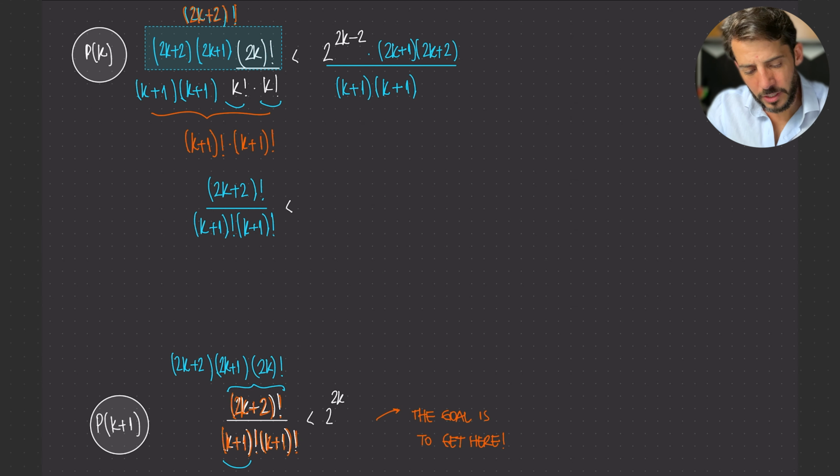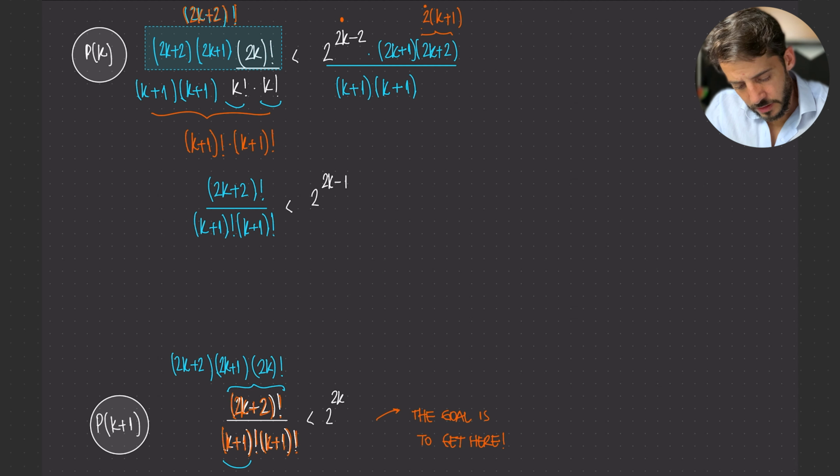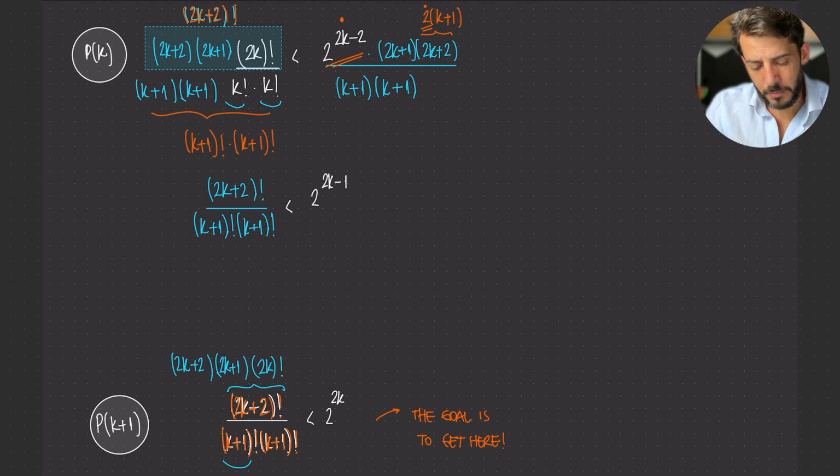Now, another thing that you might notice is that you can rewrite this 2k+2 as 2 times (k+1), meaning that not only are we going to have 2^(2k−2), but actually 2^(2k−1) if we multiply this 2 by the 2^(2k−2). So we're one step closer to the answer.